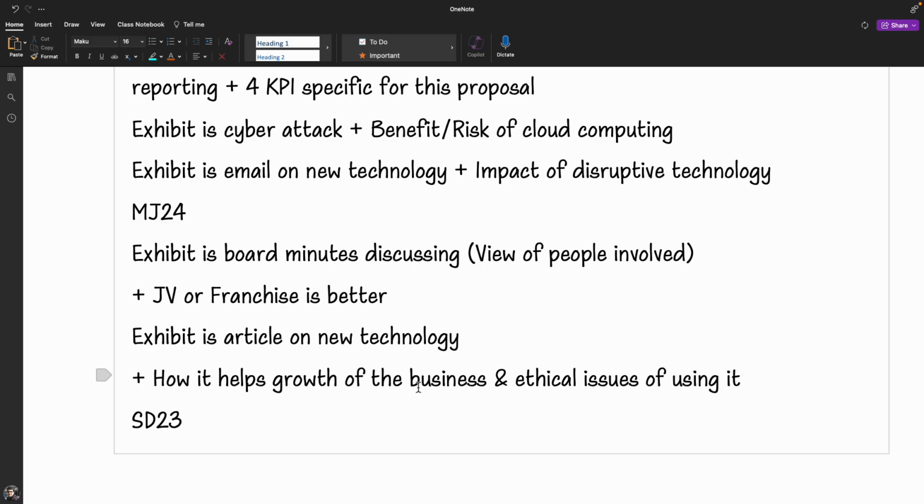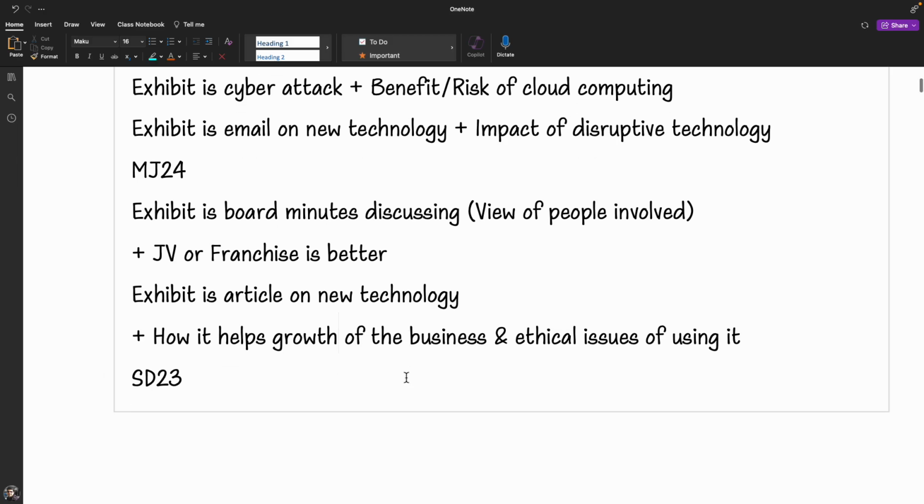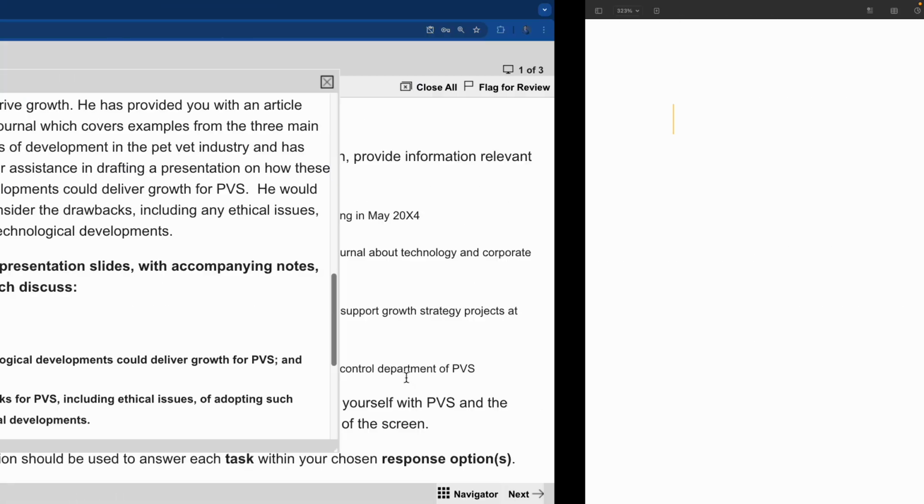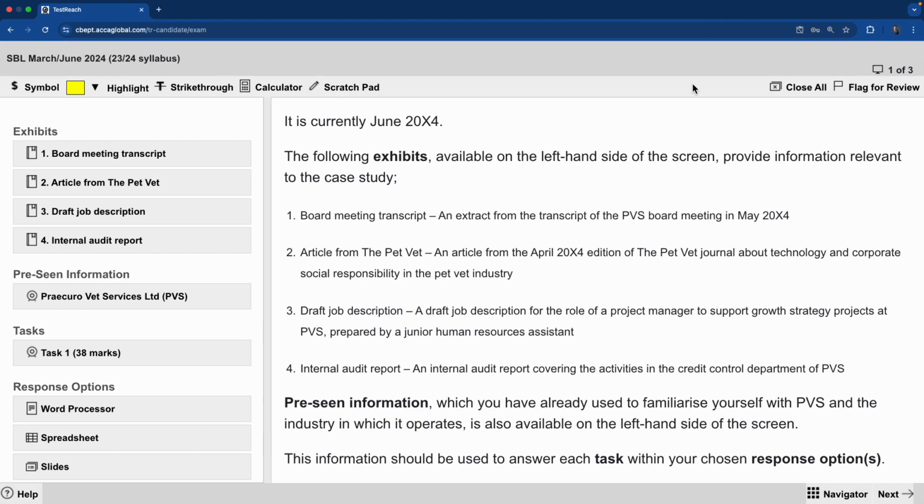You need to know the case where this technology will solve the problem, but you also need to know the characteristics and also the behavior of this technology. How do you know the characteristics and behavior? You read the article. From then you try to match with where the company is trying to grow and where you relate to the case. So this is the question over there. Let's move on.